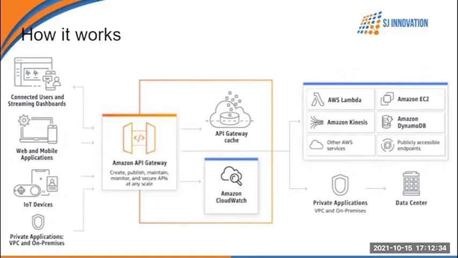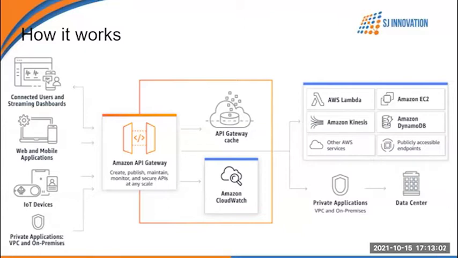And at the end, if you look on the right hand side, then there are services which you can use along with the API gateway, like the Lambda. So Lambda, as we covered in the previous session, for business logic or to work with other AWS services. Then Kinesis, this is mainly used for real-time data, like if you want to work with IoT devices and all those things. Then if you want to store some information that will scale drastically and you don't have any underlying schema with you, then we can use DynamoDB.